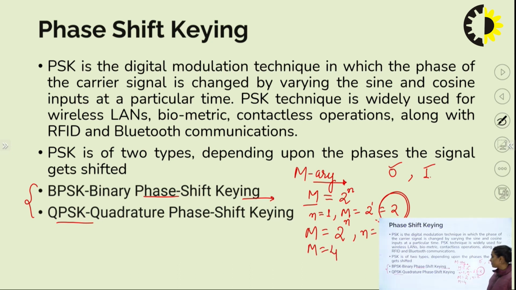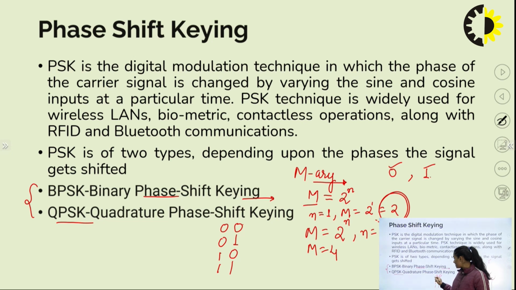This is clearly visible: if I'm going to take 2 bits at a time, the number of possible combinations I'll get is 00, 01, 10 and 11. There are 4 variations or 4 levels that I'm going to get.